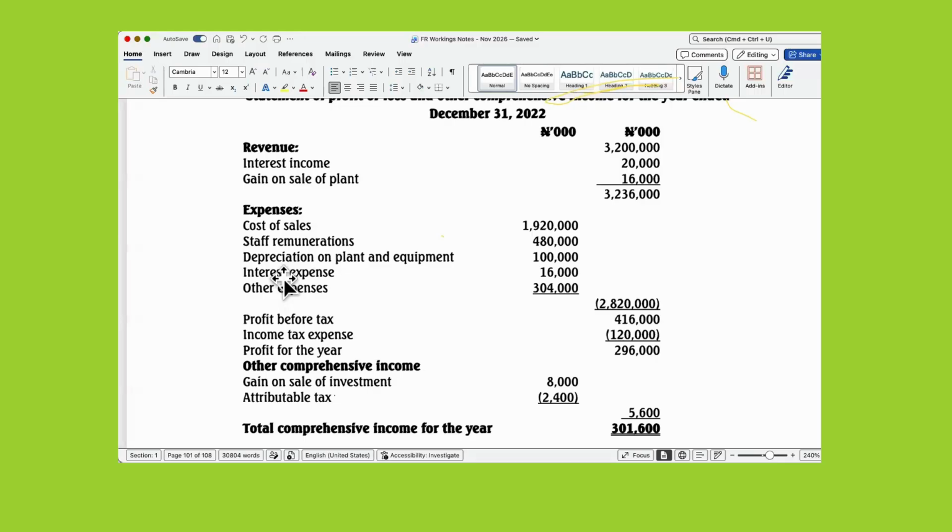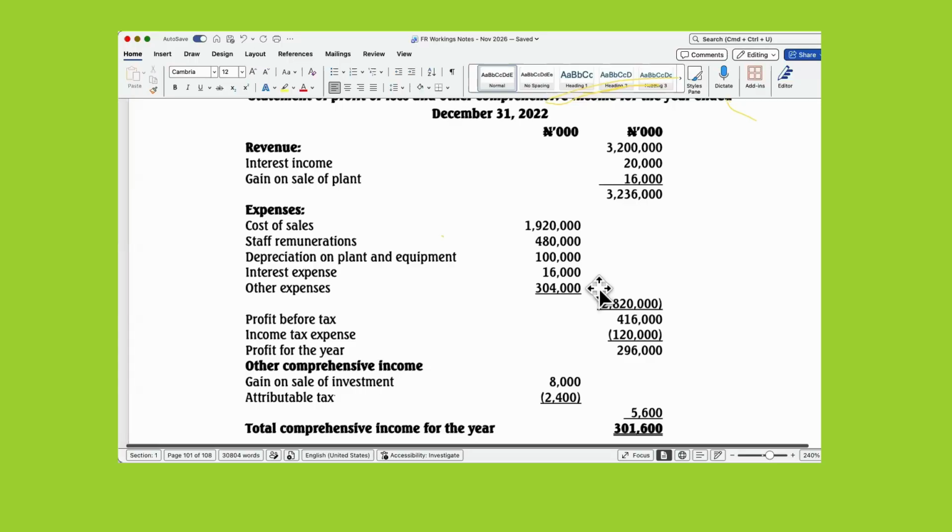I move to the next item, which is my interest expense. And that's 16,000. Like I told you, I treat interest expense in financing activities. So when I get to financing activities, I'm going to deal with it there. So let me leave it for now. I move to other expenses.